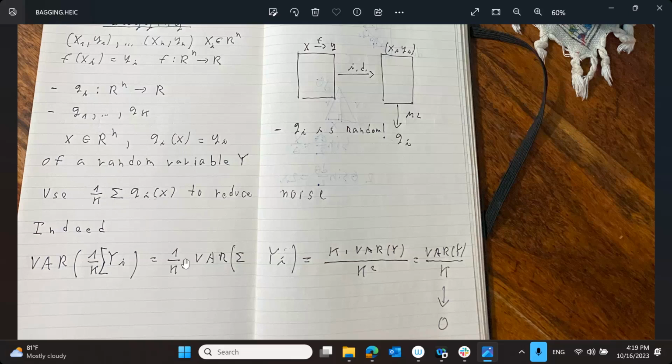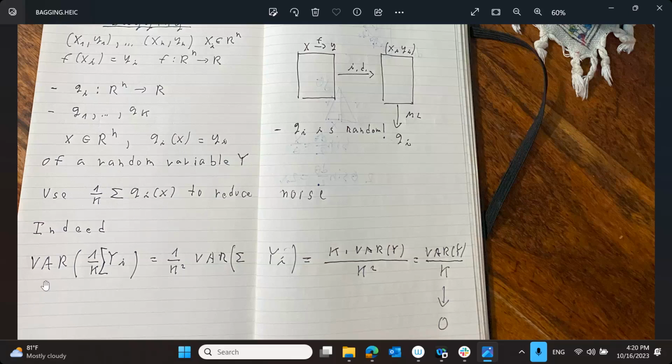The average of the average is the average. Try to understand it as an exercise. If you don't get it, look at the lecture notes, and if you still don't get it, ping me. But let's focus on the variance.